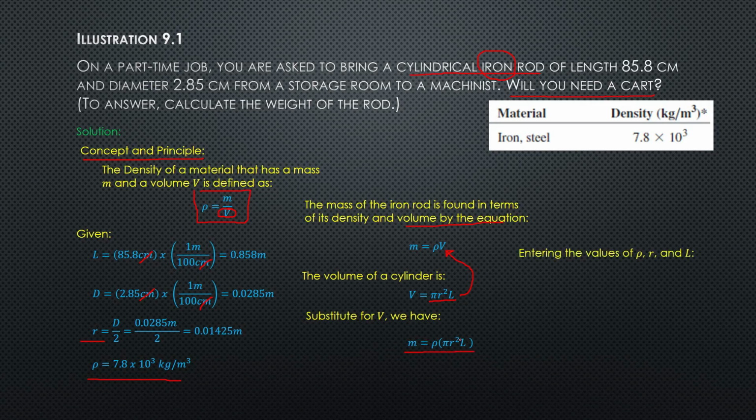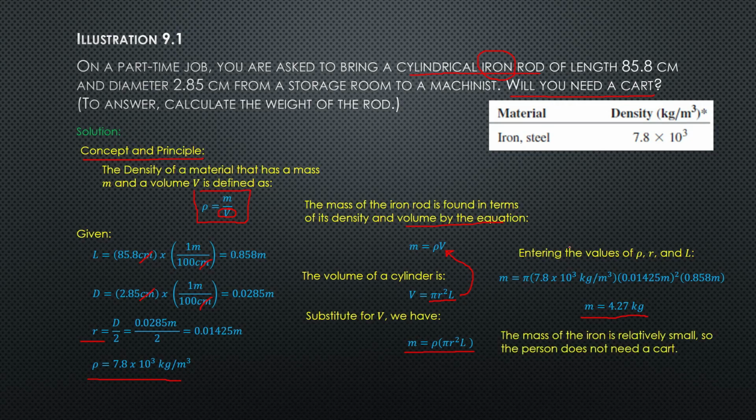Now substituting or entering the values of the density, the radius, and the length, this gives you mass equals density, pi, then radius squared multiplied by its length, and the answer will be 4.27 kilograms. So the question is, will you need a cart?